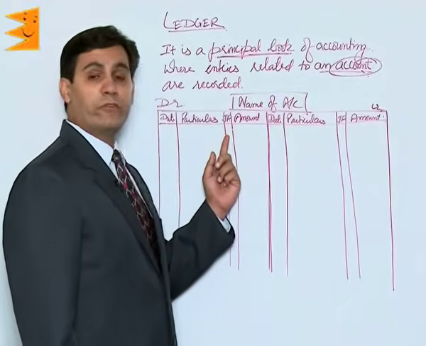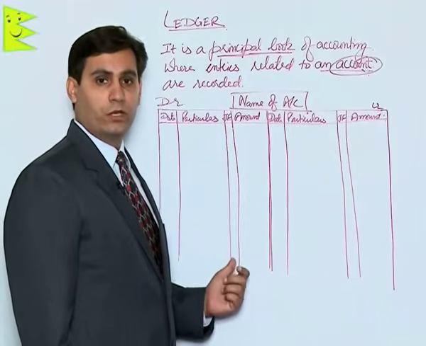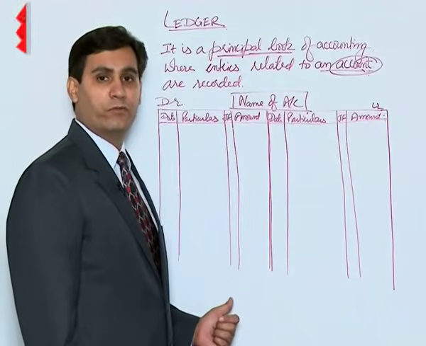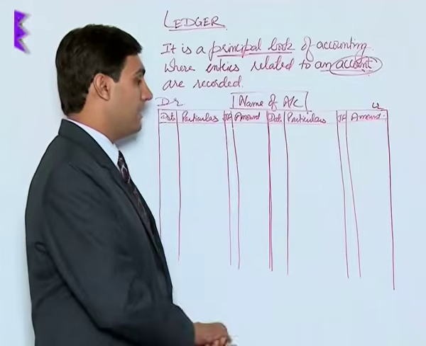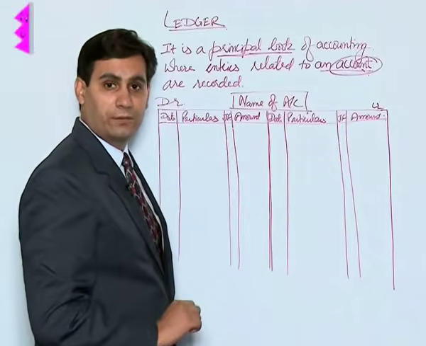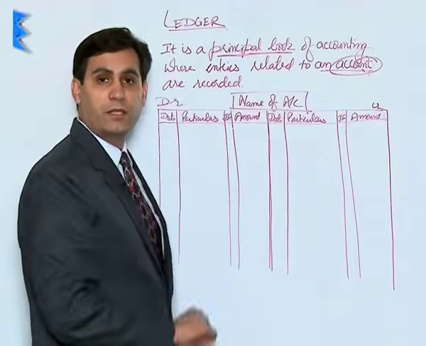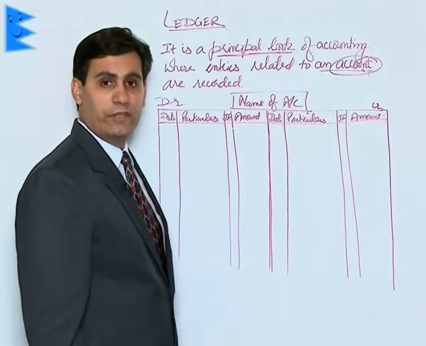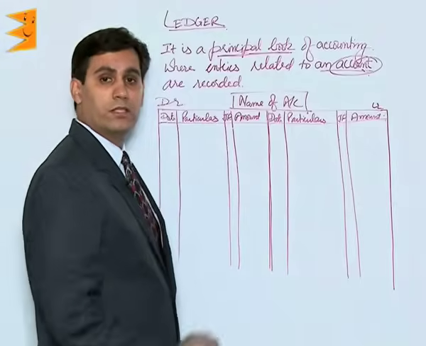In ledger we have journal folio, but in journal, just to recall, we have ledger folio, because in ledger the entries are recorded as to what page of journal they are appearing, but in journal the account number or the ledger number is recorded. So it's the other way around. In journal it is ledger folio, whereas in ledger it is journal folio.